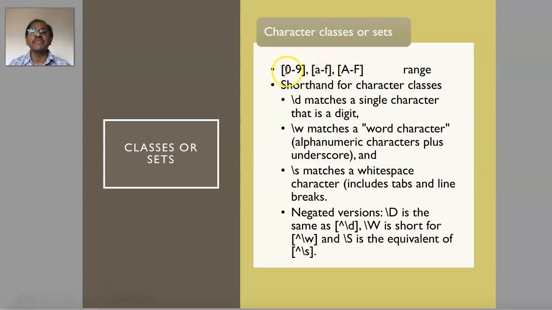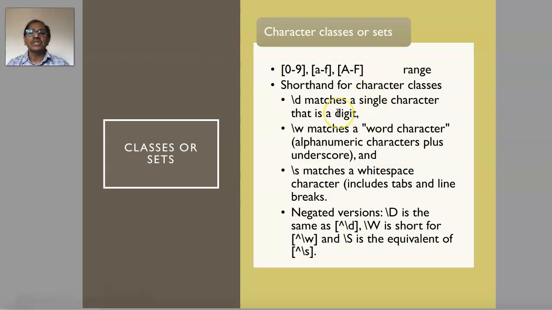So we don't need to mention 0, 1, 2, 3, 4, 5, 6, 7, 8 and 9 or A, B, C, D, E, F. We can just say A hyphen F, which shows the range between A and F. This range includes the end characters, both A and F, and 0 and 9. The way we mention a range is by using a hyphen. Of course, we need to put them in slashes, and only then do they become regular expressions.